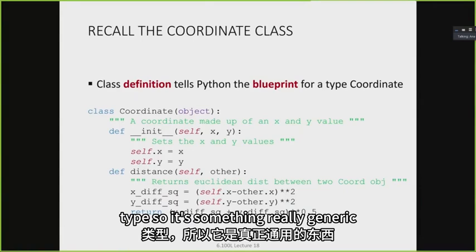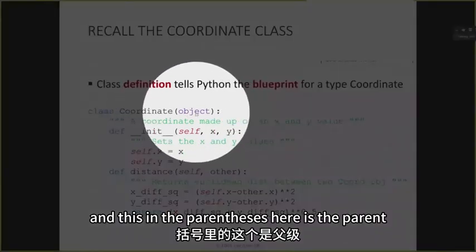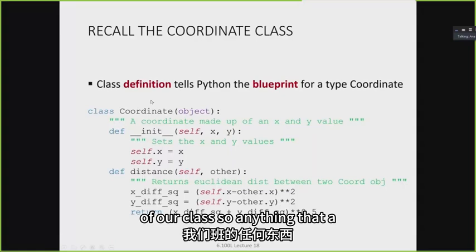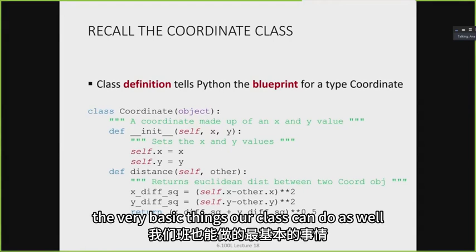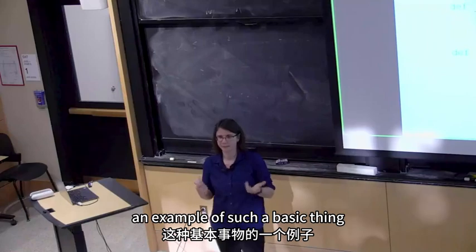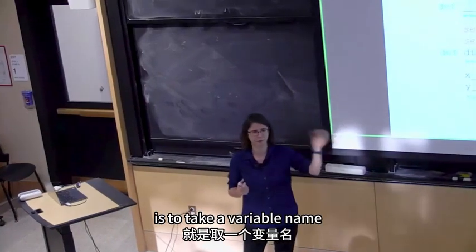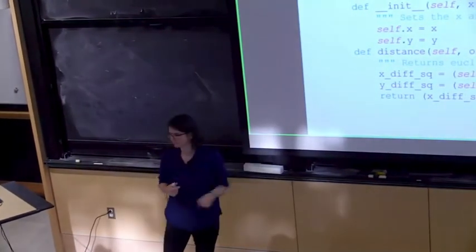So it's something really generic, and this in the parentheses is the parent of our class. So anything that a regular Python object can do, the very basic things, our class can do as well. In last lecture, I mentioned an example of such a basic thing: taking a variable name and assigning it to an object type that we create.